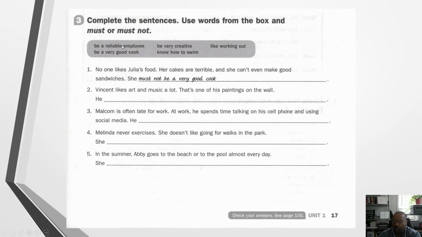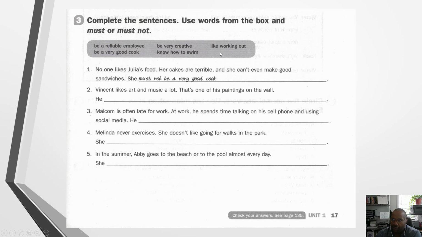Be a reliable employee. The next one is, be a very good cook. Next one, be very creative. And then, know how to swim.